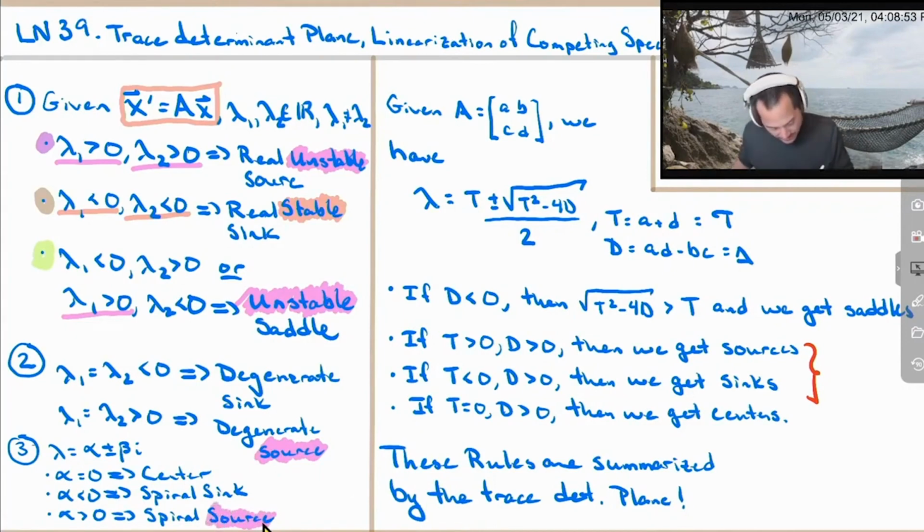And then in red, we had things that were stable. This real sink was stable, and that was by virtue of the exponentials having negative values in their exponent so that when time goes forward, things decay. So that was called a real stable sink. This degenerate sink also has stability. And then when the real part of your complex root is negative, it becomes a sink as well.